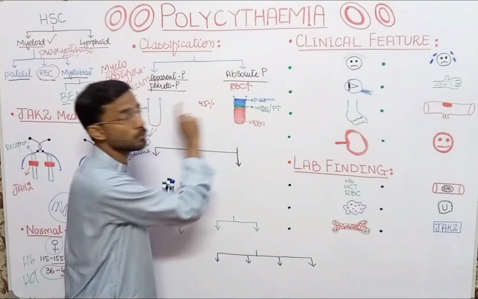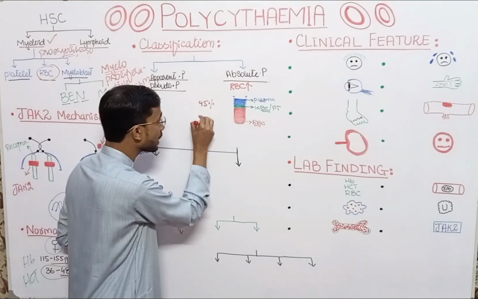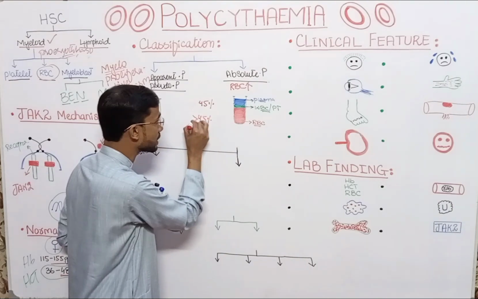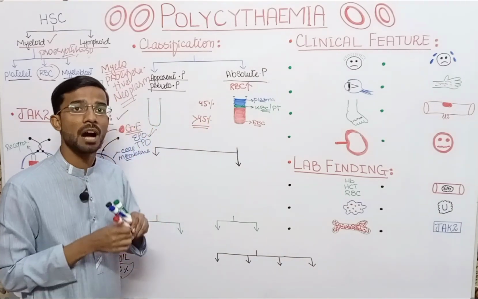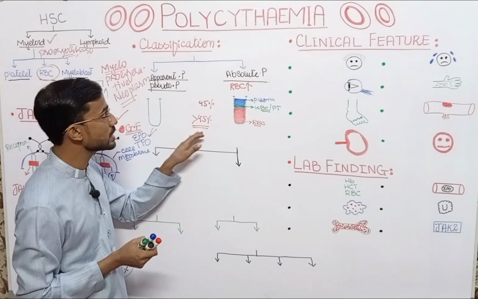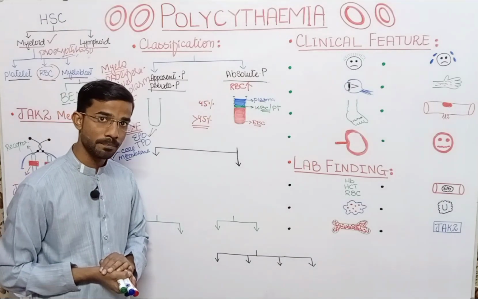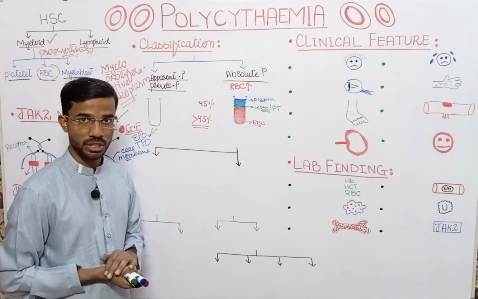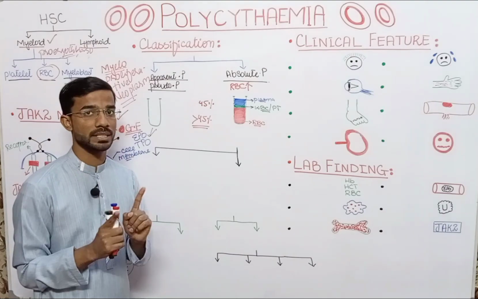But in absolute polycythemia, there is an increment in the amount of RBCs above that. So this is condition 1, in which the actual RBCs increase.